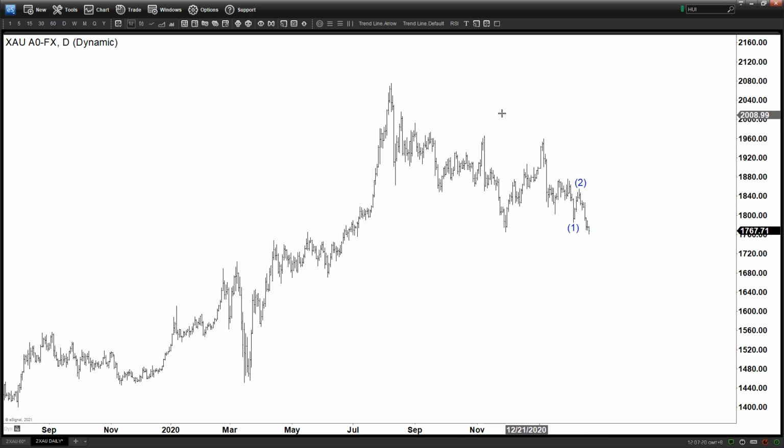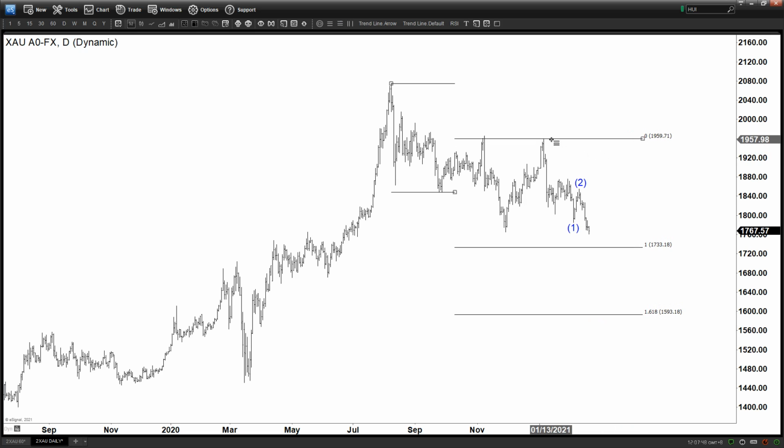Another potential target is using the bigger leg. It's a little bit complex, guys. There's a possible flat here in the middle. If we don't use the extreme point, let's say we assume this is a W, some sort of 3 waves, and then you got a flat, and you end it here as a running flat, and then going down, this is more or less the 100% extension around 1733 and 1593.